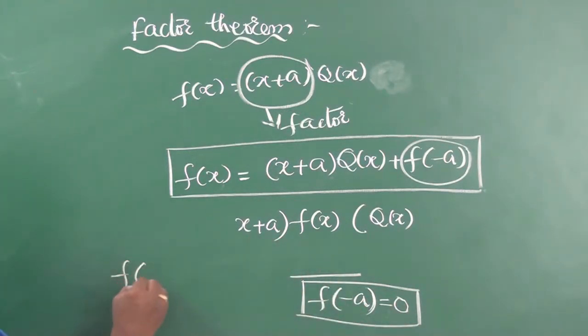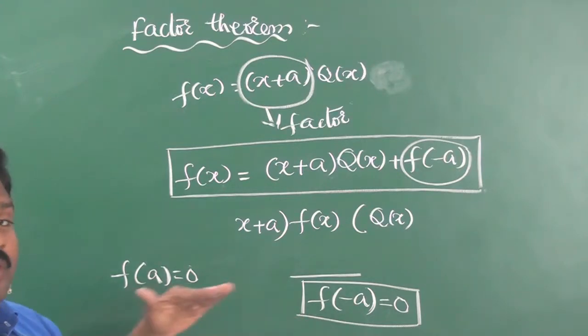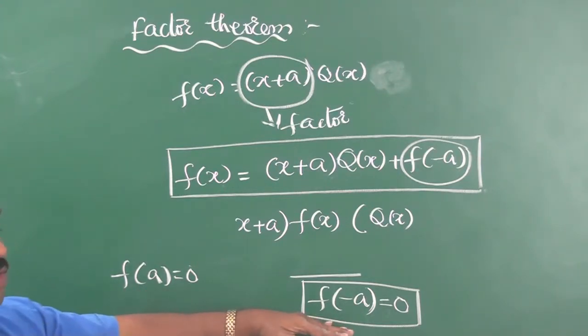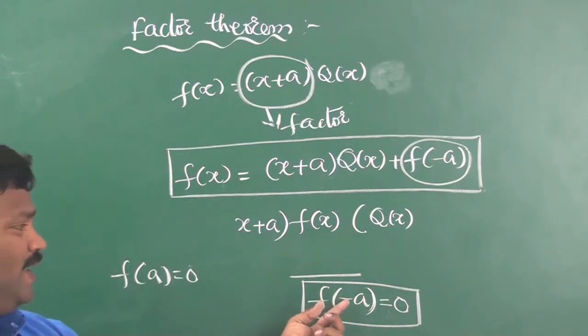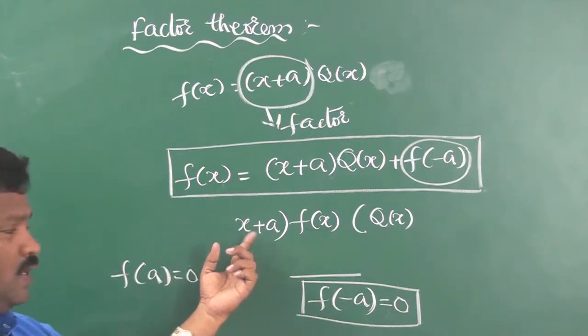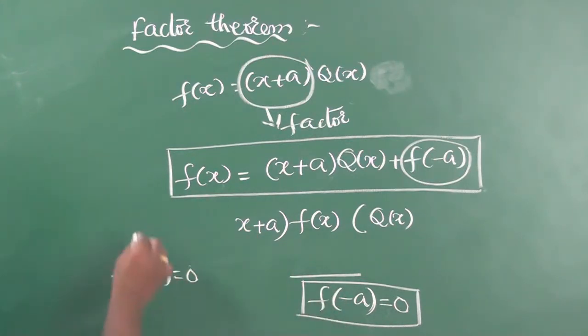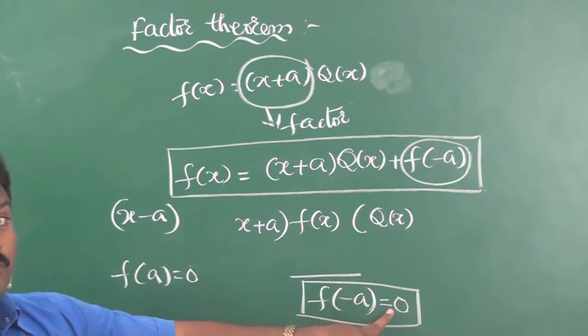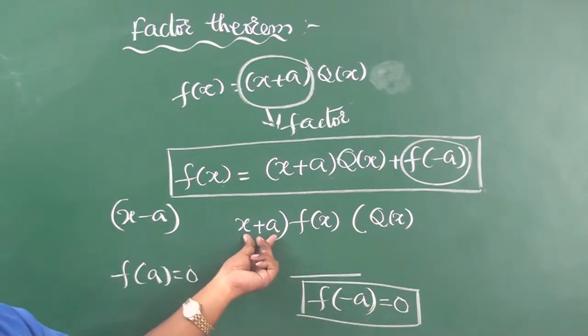If f of a equal to 0, then what is the factor? Make this procedure reverse: minus becomes plus, plus becomes minus. Is it clear? If f of minus a equal to 0, then x plus a is a factor.